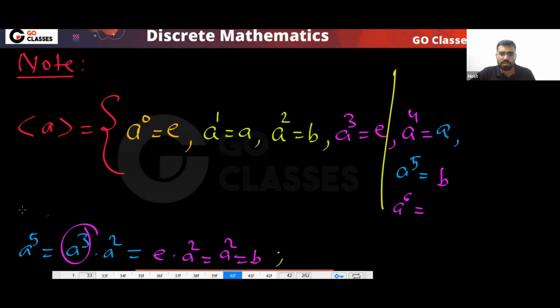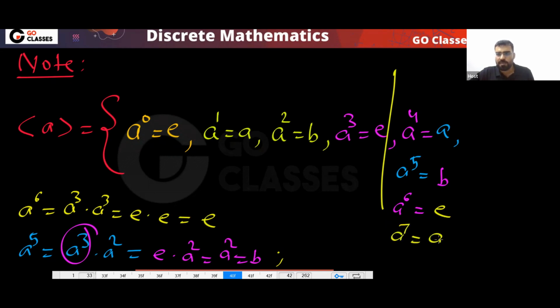A power 6 means A power 3 times A power 3, and that means E dot E, which is E. What will be A power 7? A power 7 will be A. Can you notice that?